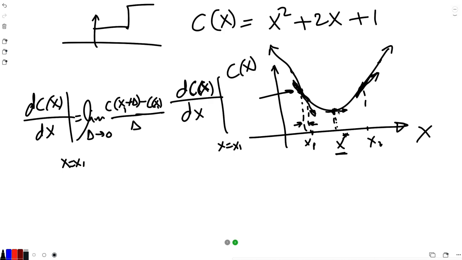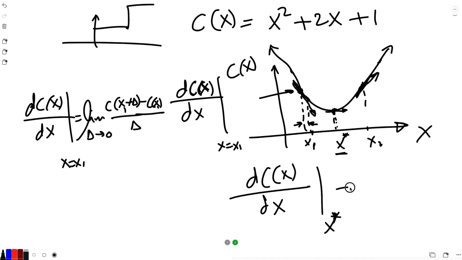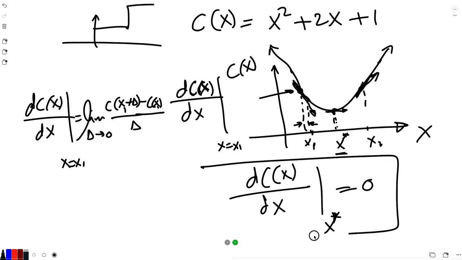The differentiation dc(x)/dx at the critical point will be 0. This is a very important result in optimization theory: the differentiation of the cost function at the minimum point, or at the critical point, is 0.